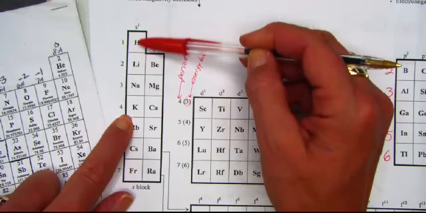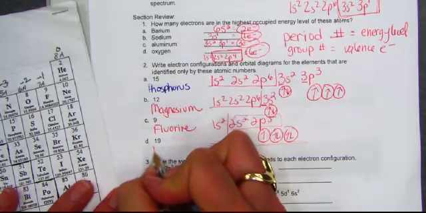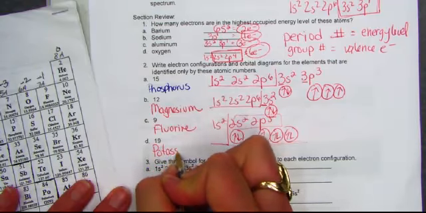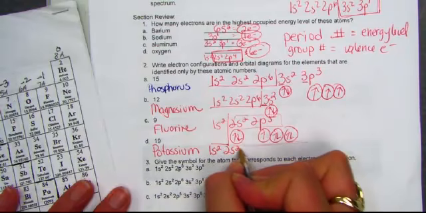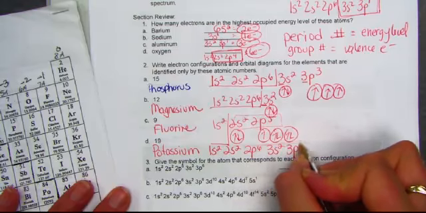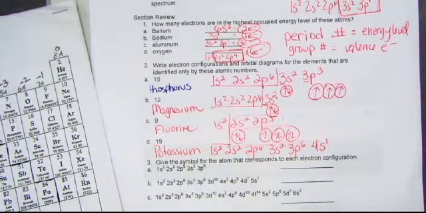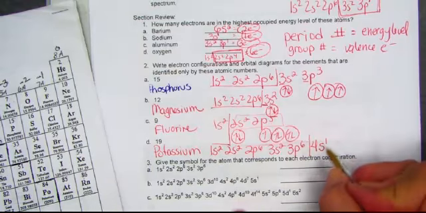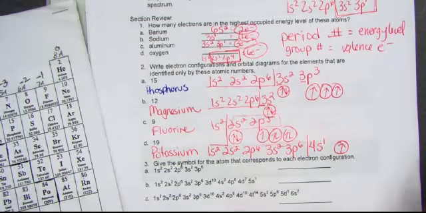The last thing we'll write is 4s1, and when we write that, we'll have written for 19 electrons: 1s2, 2s2, 2p6, 3s2, 3p6, 4s1. That gets me to the 19 electrons we needed for potassium. In the fourth energy level, we have 1 electron in the S sublevel.